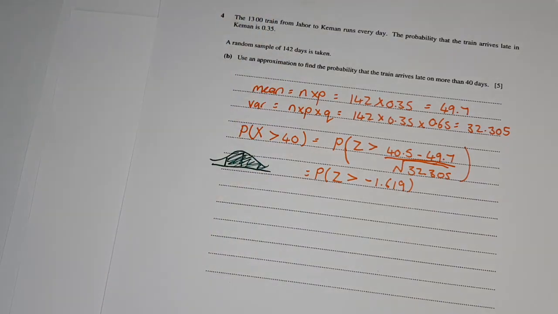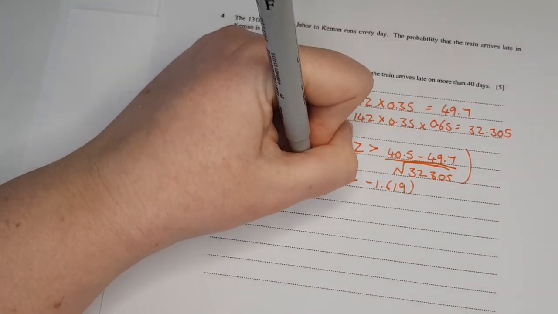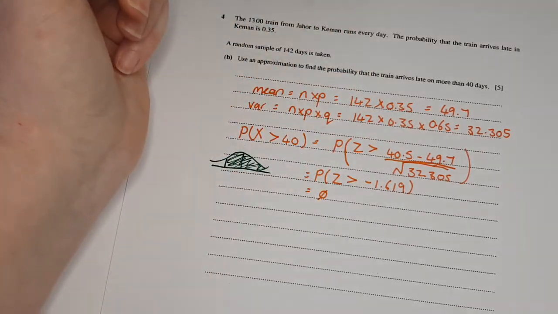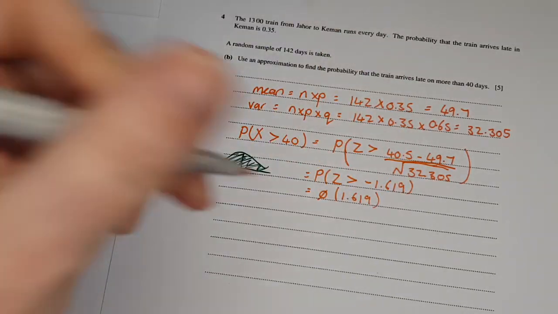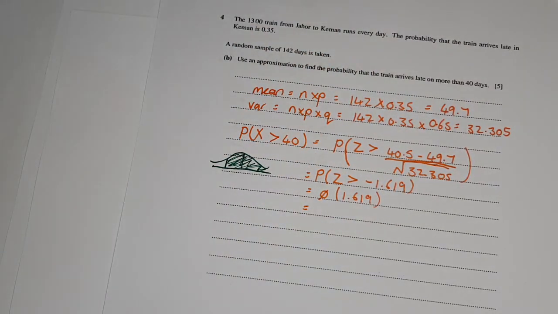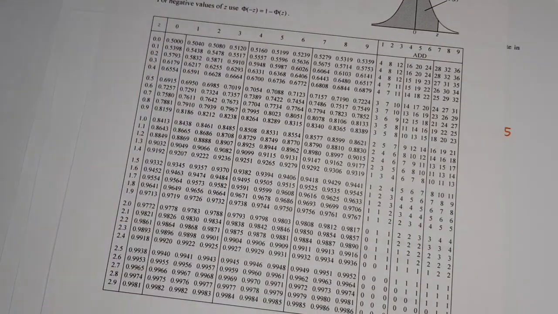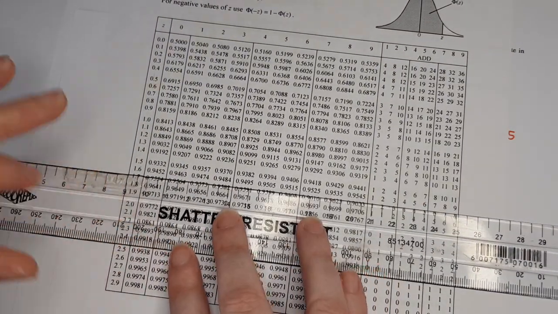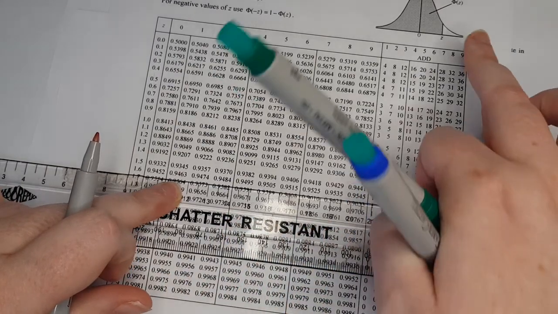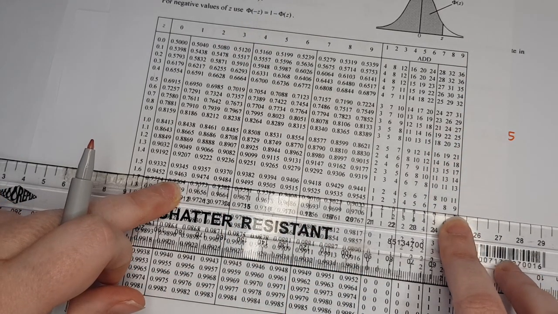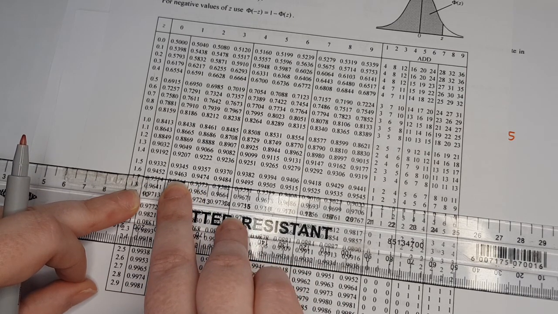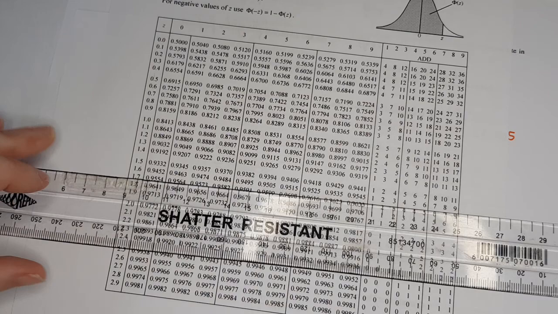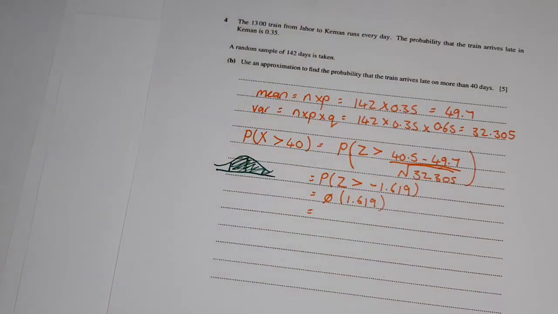So now I know that I'm going to flip my curve, and when I flip my curve, I am simply going to use my value as it is, and I'm going to look that up on the table of 1.619, and 9 says add 9 to my last few digits, so I end up with 0.947 as my answer.